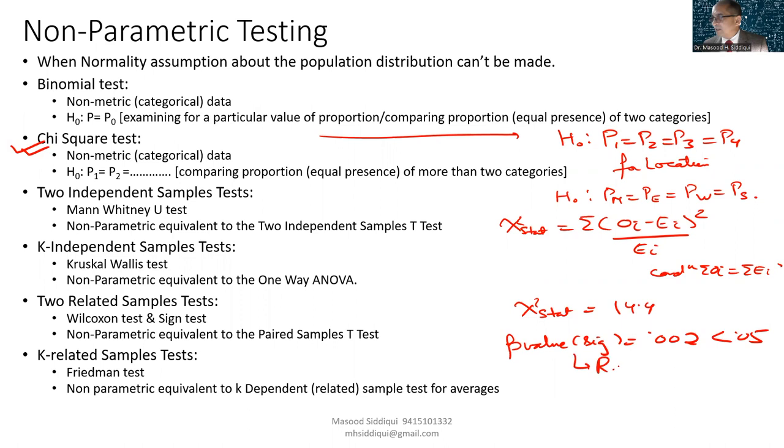So we reject H naught at 5% level of significance.